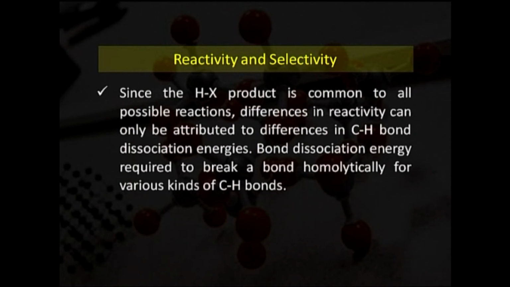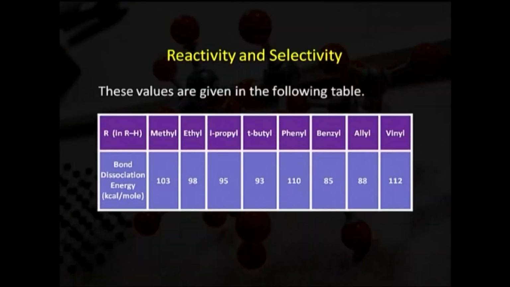differences in reactivity can only be attributed to differences in carbon-hydrogen bond dissociation energies required to break a bond homolytically for various kinds of carbon-hydrogen bonds. These values are given in the following table.